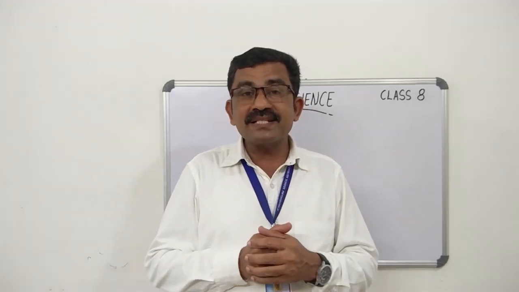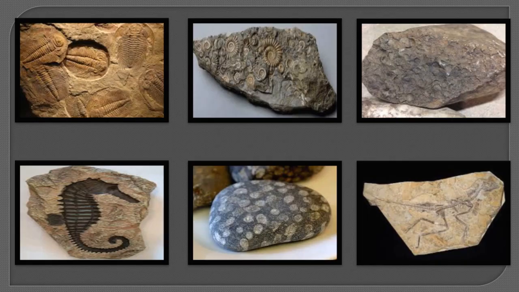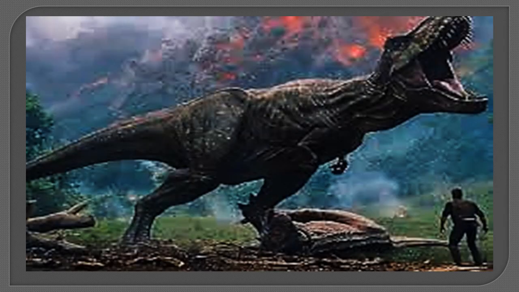Have you heard of fossils? The ancient plants and animals found in sedimentary rocks are called fossils. Have you seen the pictures of fossils? See the pictures. Have you seen the movie Jurassic Park? Who is the central character in that movie? Yes, dinosaurs.